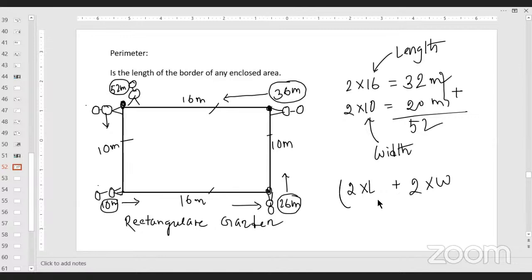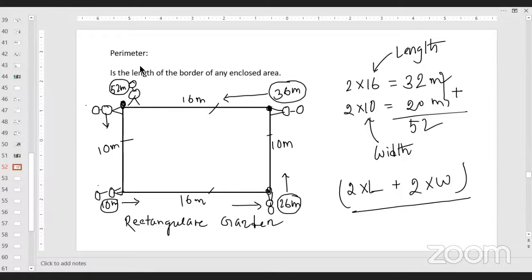Can we say, sir, length plus breadth into 2? We are going to go for that, but I don't want to go for that suddenly. I just don't want you to memorize that one. We're going to explain why we can write that one, but till this point, is there any problem? No, sir. Okay, fine.